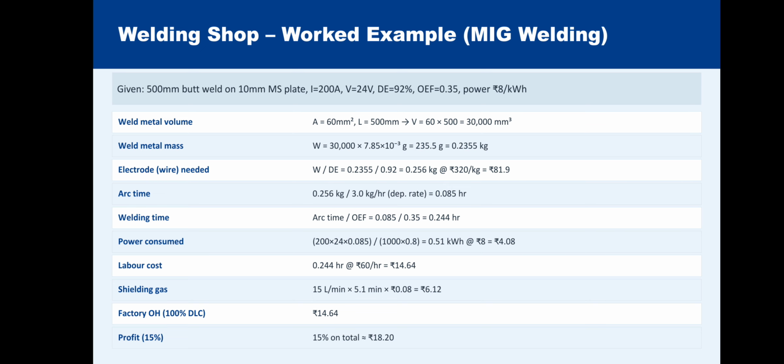This is the worked example for MIG welding, that means metal inert gas welding or metal active gas welding. Given: 500 mm butt weld on 10 mm mild steel plate, current I is equal to 200 amps, V is equal to 24 volt, DE is equal to 92%, OEF is equal to 0.35, power consumption is 8 rupees per kilowatt hour.